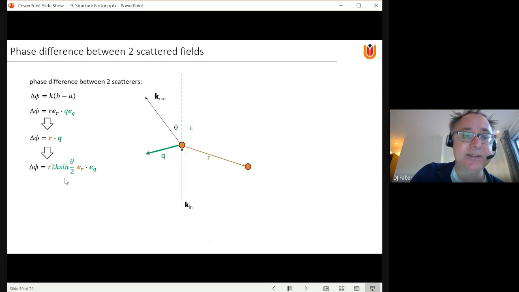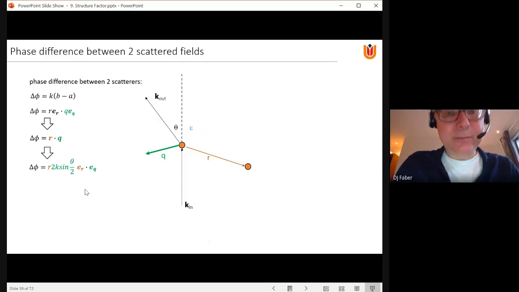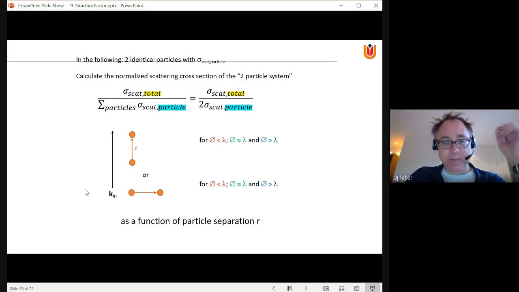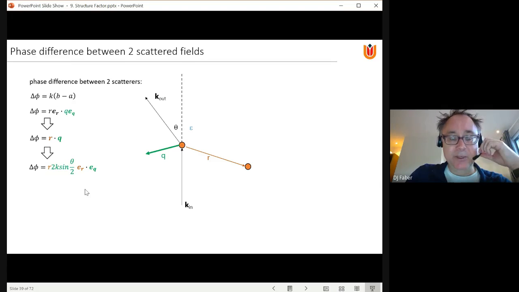The magnitude of this phase difference then is the magnitude of r, so simply the distance, times the magnitude of q, which is 2 times k, the wave number 2 pi over lambda, times sine half theta. Okay. So the important result is that we have calculated an expression for the phase difference between two particles, and indeed, as I promised, it is a function of theta, the scattering angle.